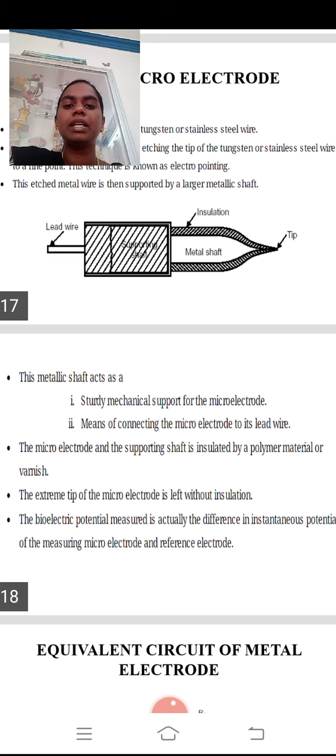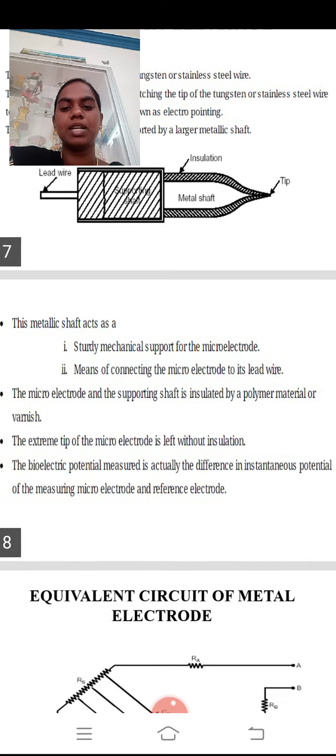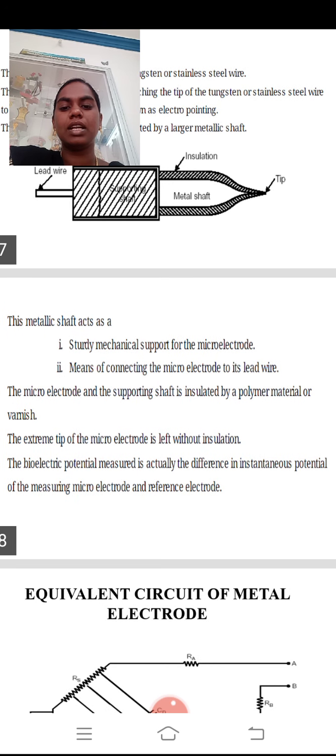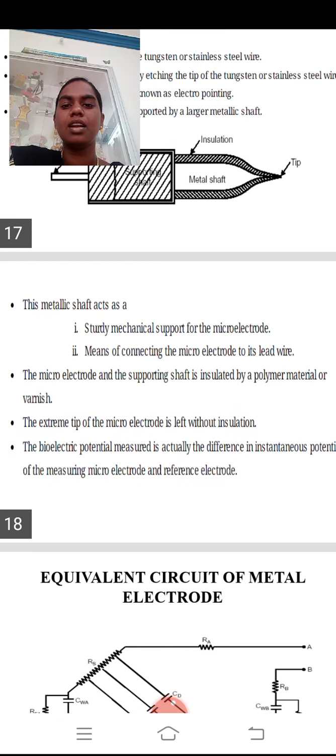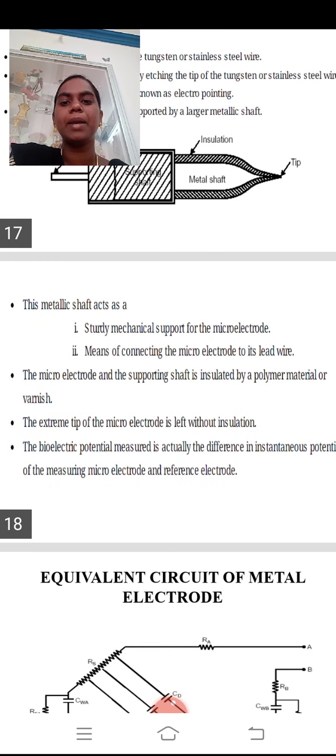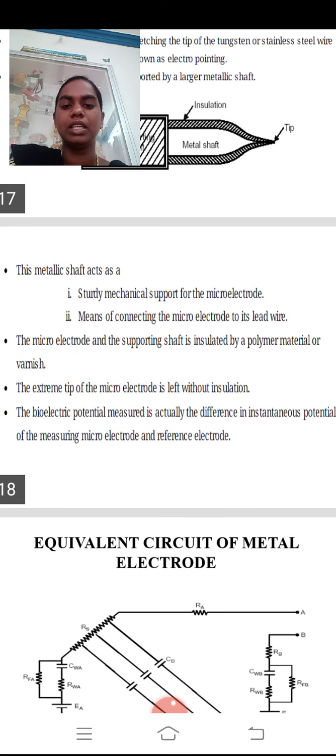Also, through the metal shaft, the cell activity, that is the behavior of the cell sensed by the tip, will be sent into the lead wire. The microelectrode and the supporting shaft are insulated by a polymer material or varnish. The extreme tip of the microelectrode is left without insulation.